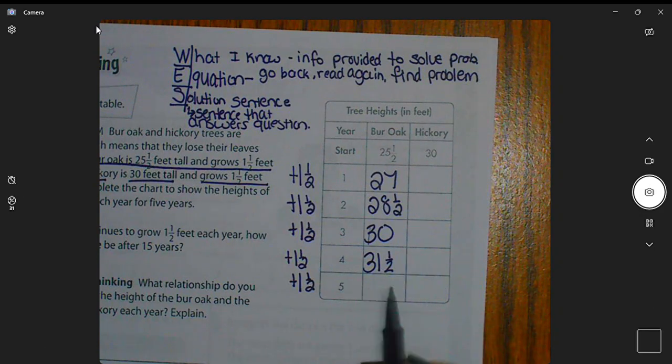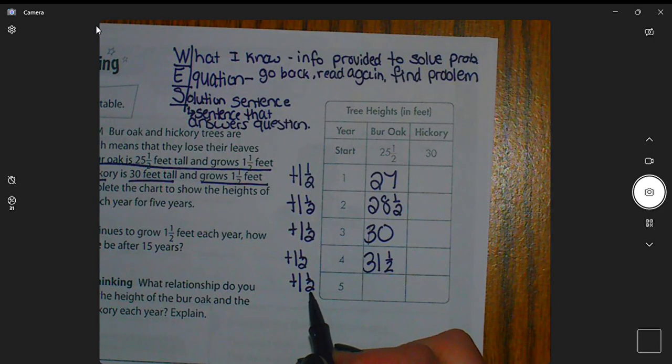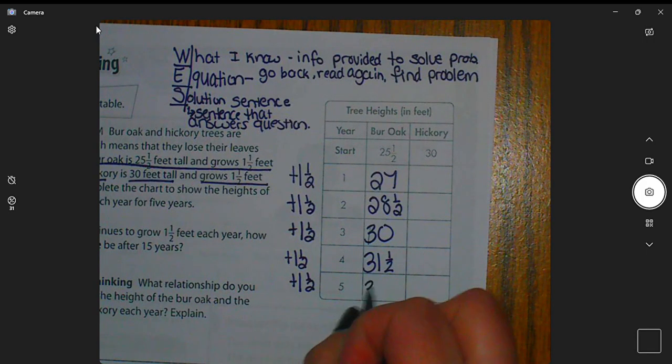Okay, let's look at it. 31.5 plus 1/2 is how much? Right, it's 32, because this half piece bumps me up to my next whole number. 32 plus 1, yes, 33.